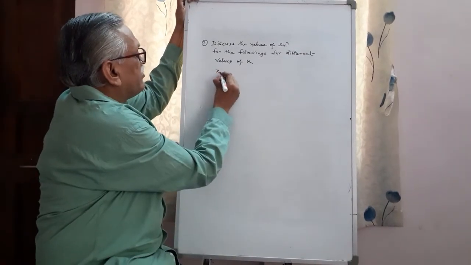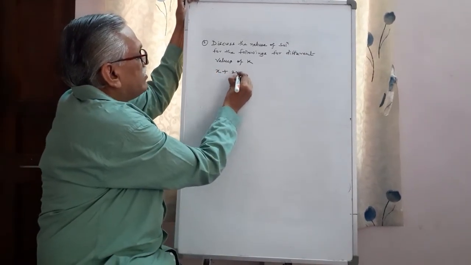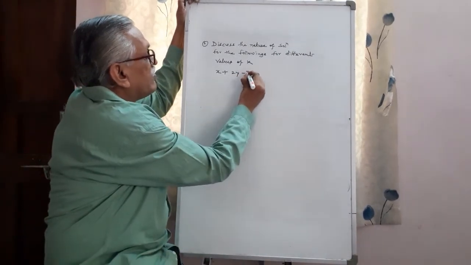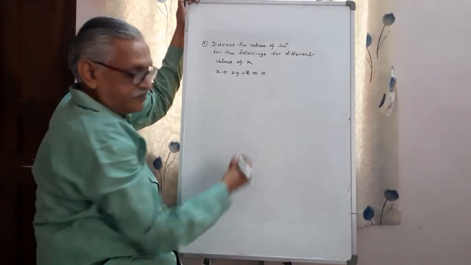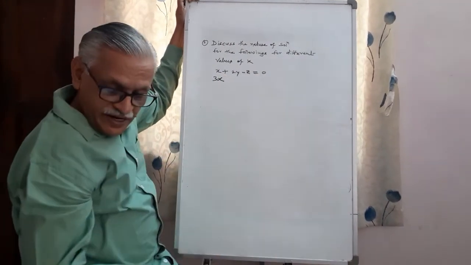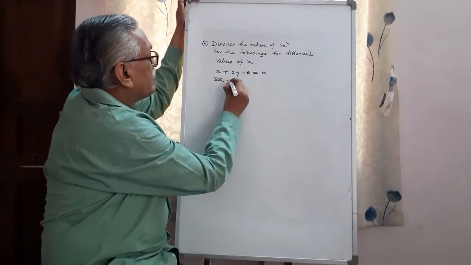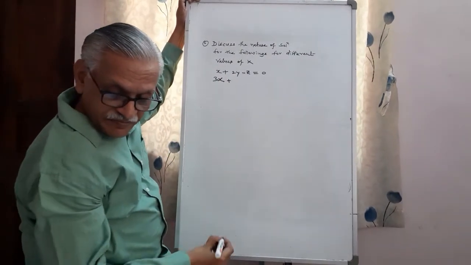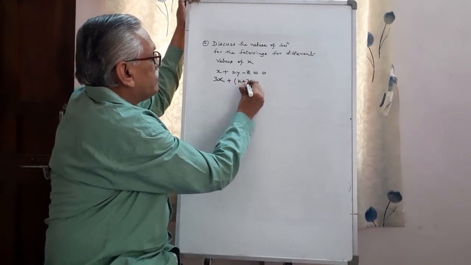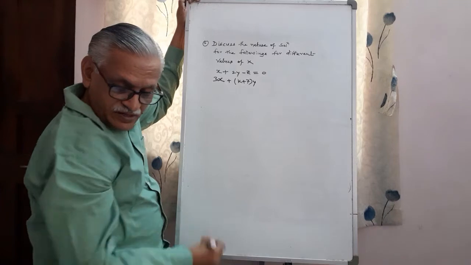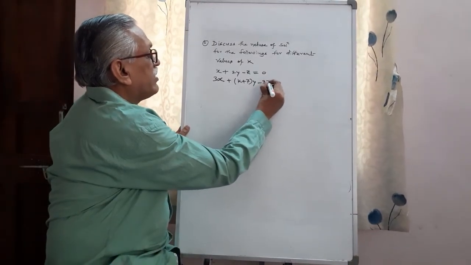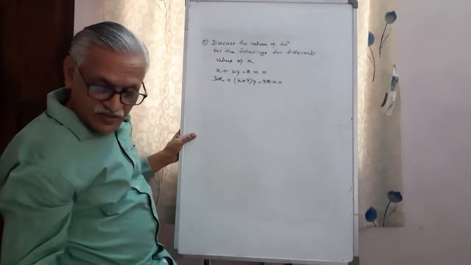Equations are x plus 2y minus z equals 0, 3x plus (k plus 7) into y minus 3z equals 0.